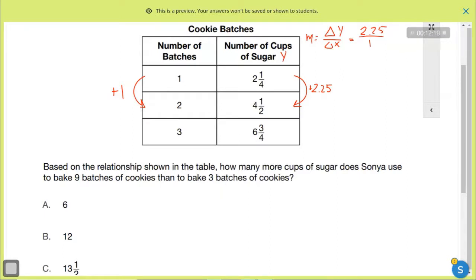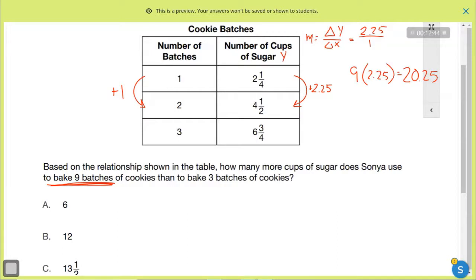So we want to now know the next piece of it is how many cups of sugar is it going to take to get to 9 batches? Well, if it's 2.25 cups of sugar per batch, well then 9 batches would be 9 times 2.25, which is going to give me 20.25. That's how many cups of sugar it takes for 9 batches.